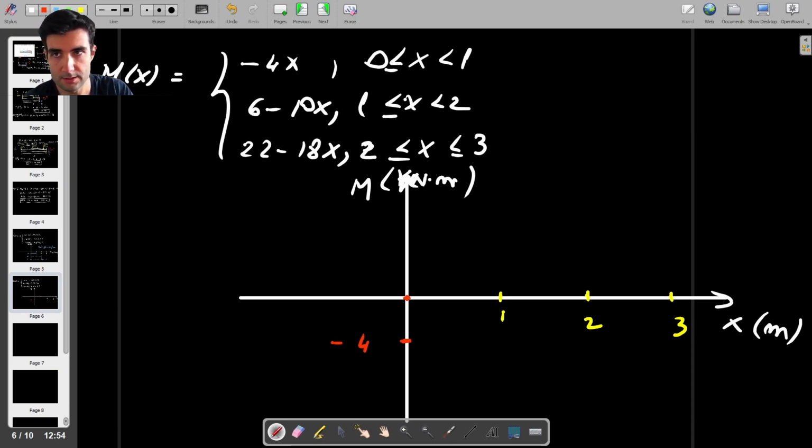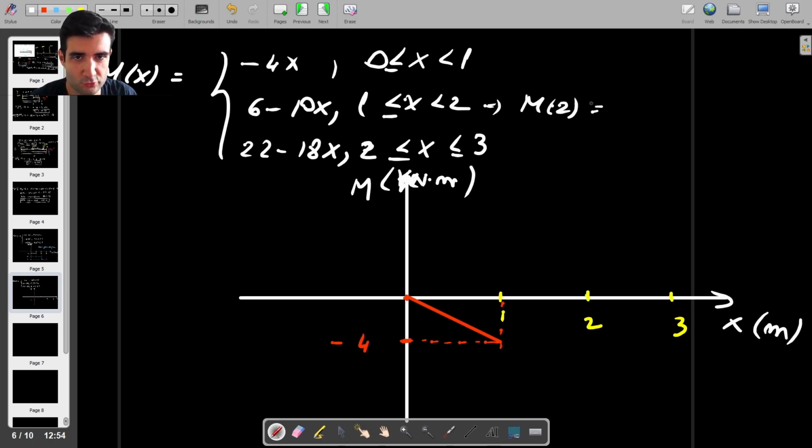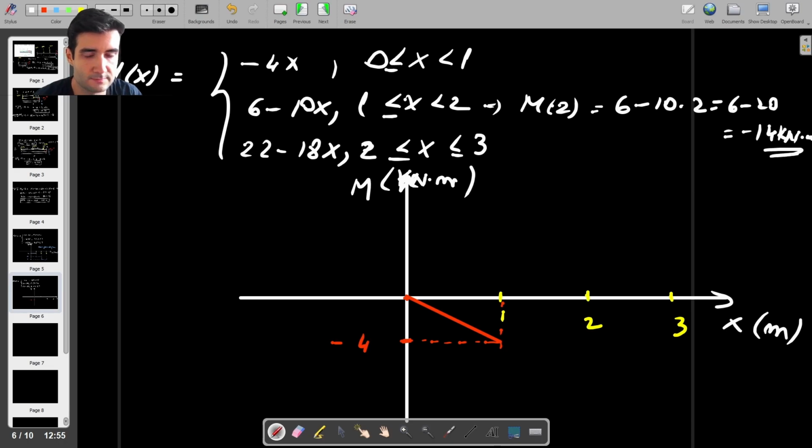Right, so for the first part of the beam, we've got this. And then for the second part of the beam, let's see, I should take a limit here to be more accurate, but I'll do m of 2 based on this middle function. So that's 6 minus 10 times 2, which is 6 minus 20, which is minus 14 kilonewton meters.